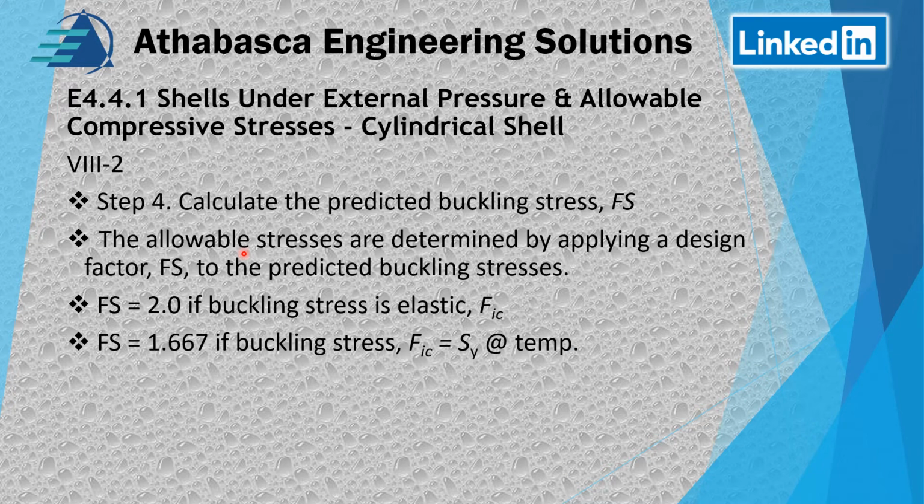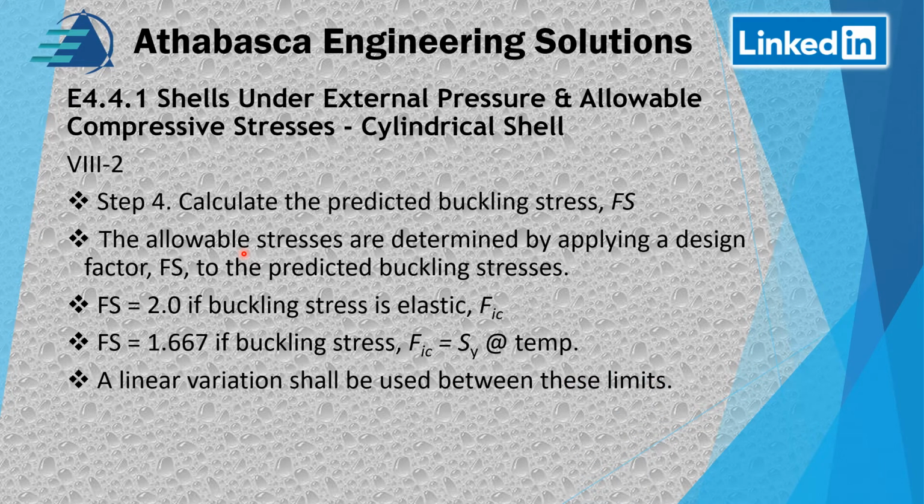And then they say, FS is equal to 1.667 if buckling stress FIC is equal to the yield stress at temperature. And then they say, well, you can use a linear variation between these 2 if you want, which can be kind of tricky. So I'm thinking the linear variation is the FS.